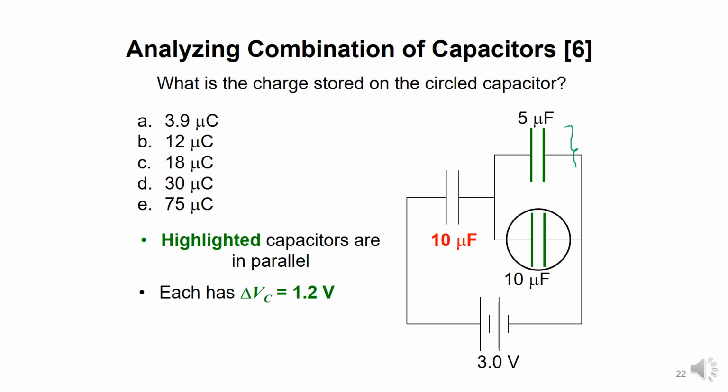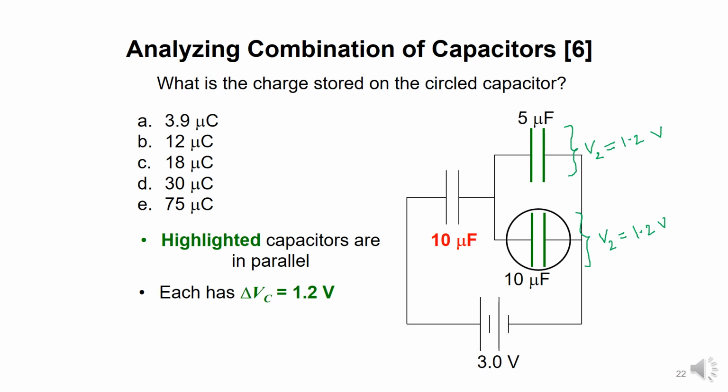Okay, I'll draw this. Just because the 5 and the 10 microfarad capacitors are in parallel, we automatically know they must have the same voltage. Things in parallel always have the same voltage. So here each capacitor has a voltage of 1.2 volt.